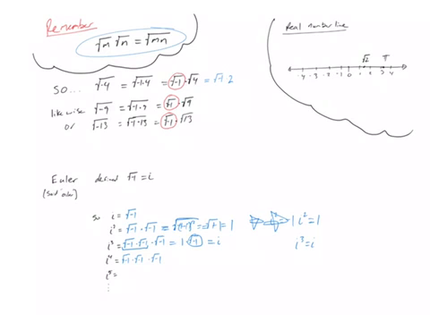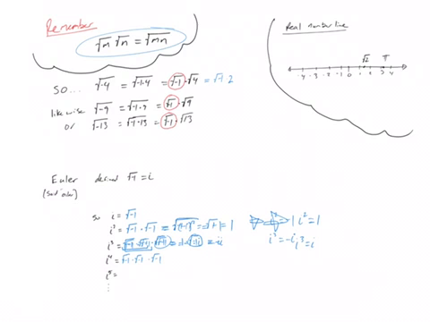Talking about i cubed, that's going to be the square root of negative 1 times the square root of negative 1 times the square root of negative 1. These two together come out to be negative 1, so this is going to be negative 1 times, and this is just i, so then this is going to equal negative i. So i cubed is equal to negative i.